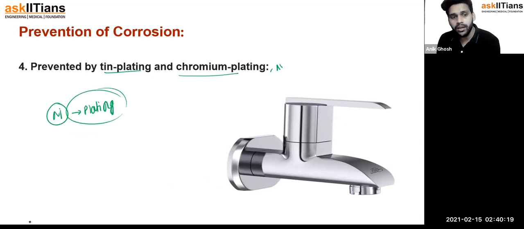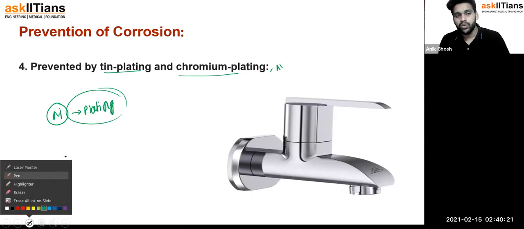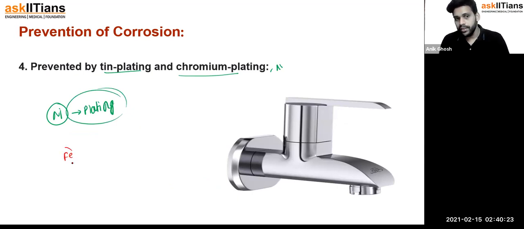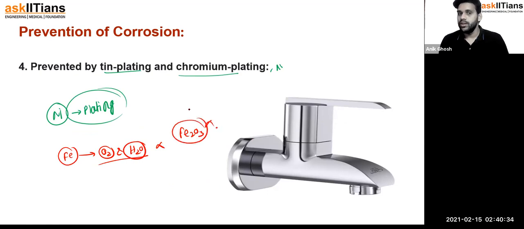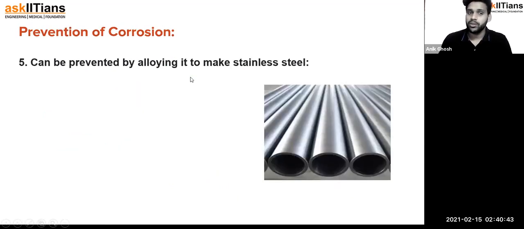The main idea is to give it a coating so that the iron does not get connected to oxygen and water. Without that, no rusting would be there. Fe2O3 formation is impossible without that. So we can do these types of platings, electroplatings. That was all about the prevention of corrosion via metallic processes.